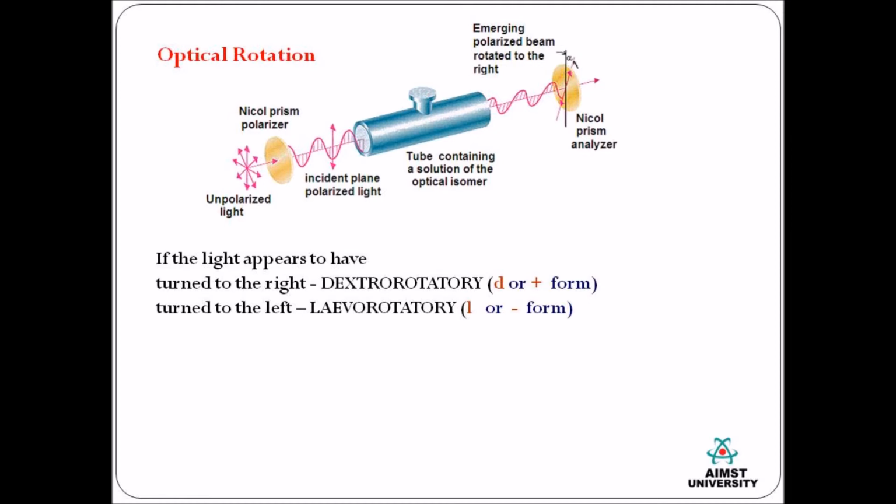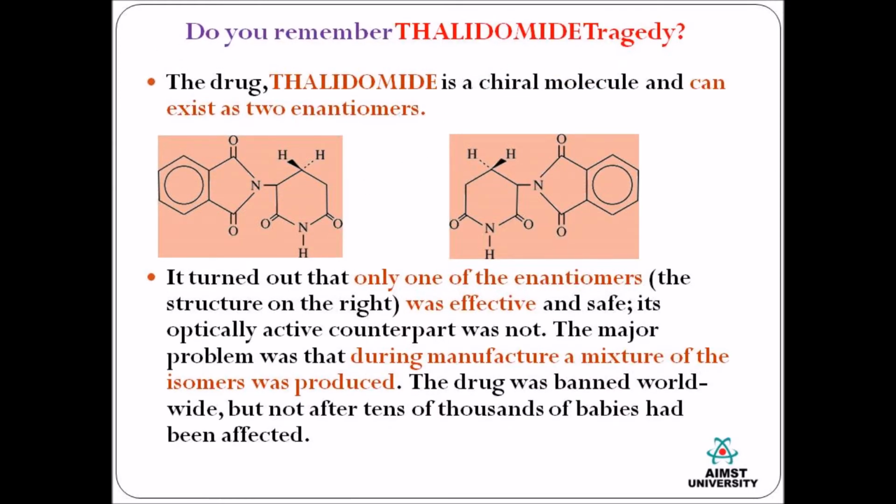Coming to the importance of optical rotation. Do you remember the thalidomide tragedy? The drug thalidomide is a chiral molecule and it can exist in two enantiomeric forms. In 1960, it was used to treat anxiety and morning sickness in pregnant women.